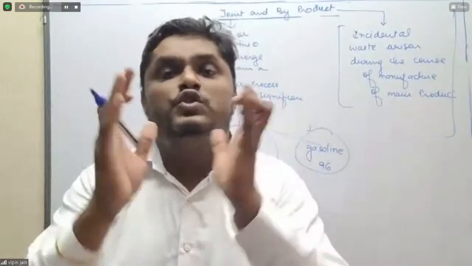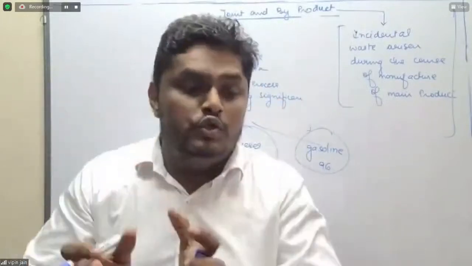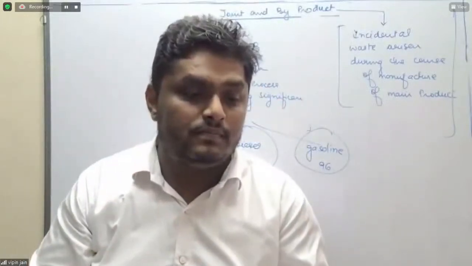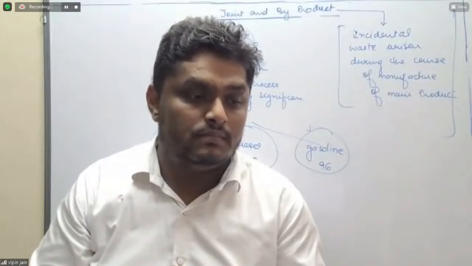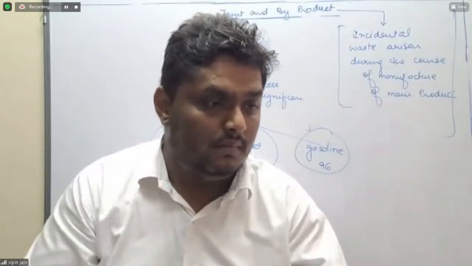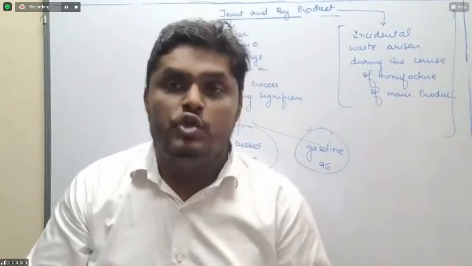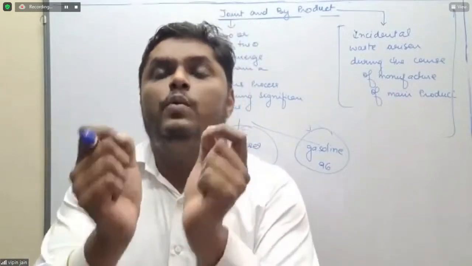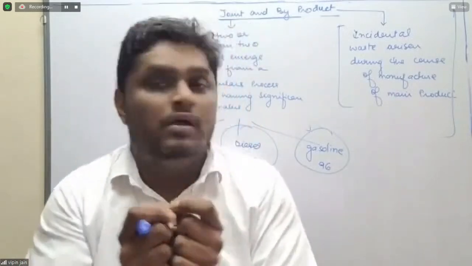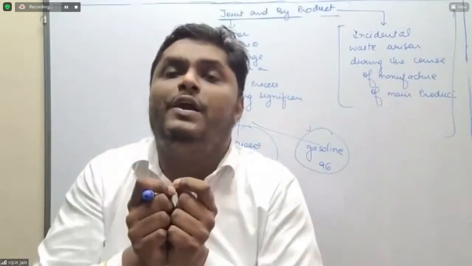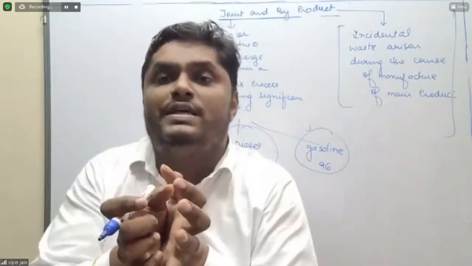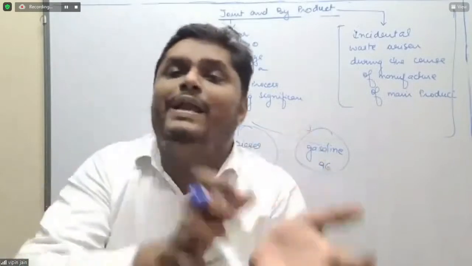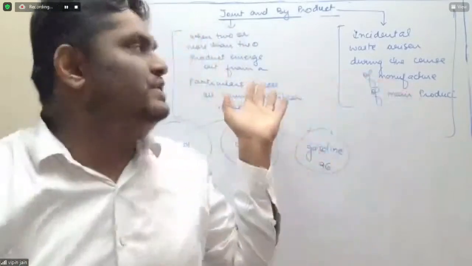So two parts: joint product and byproduct. Joint product: when two or more than two products emerge out from a particular process, all having significant values or identical values, they are known as joint product.